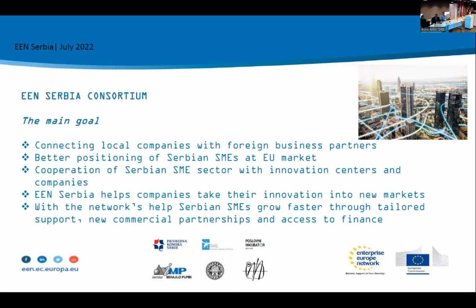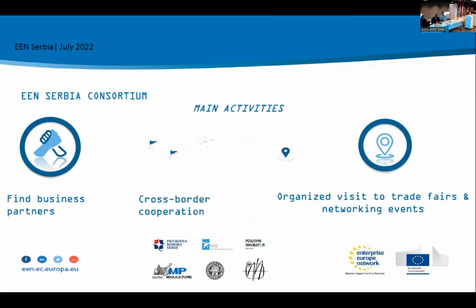So these are some of the main goals: to connect local companies with foreign business partners, to better position Serbian SMEs at the EU market, to boost the cooperation of the Serbian SME sector with innovation centers and companies. We help companies take their innovation into new markets, and with the network's help, we help them grow faster through tailored support, which is very important, new commercial partnerships, and access to finance.